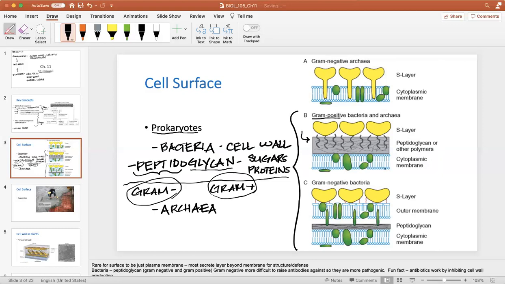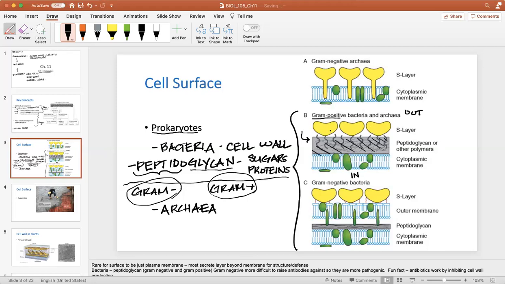So let's orient ourselves. Here's our phospholipid bilayer membrane, okay? So this is inside the cell, and this out here is going to be outside the cell, okay? And here we have some membrane proteins that are embedded or anchored on top of this phospholipid bilayer. Here in this gram-positive bacteria, you can see that right outside of this cell membrane, this cell has secreted a layer of peptidoglycan.